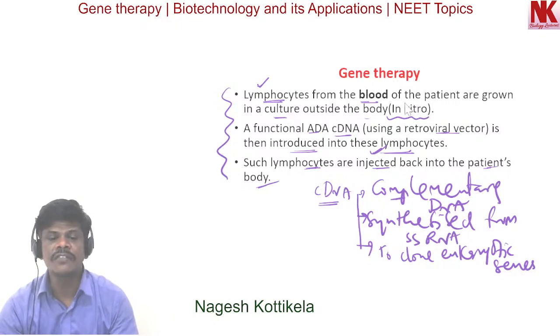After that, the functional ADA cDNA is introduced into these lymphocytes by using a retrovirus vector. After that, such lymphocytes are injected back into the patient's body. So this is how gene therapy is performed.